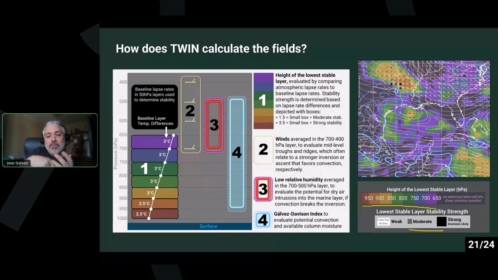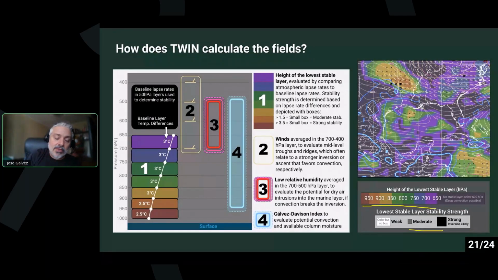Why? Because if you have convection that is growing and is penetrating your inversion, your stable layer, it's going to penetrate your stable layer and continue growing, it's going to start interacting with that air mass that you have above it. And if you have a very dry air mass above that stable layer, what that's going to do is bring that dry air into the marine layer and generate drier conditions.